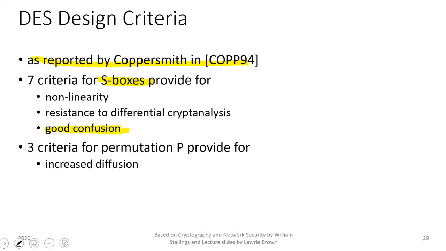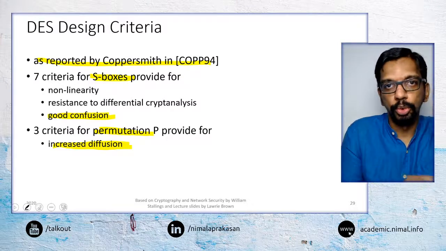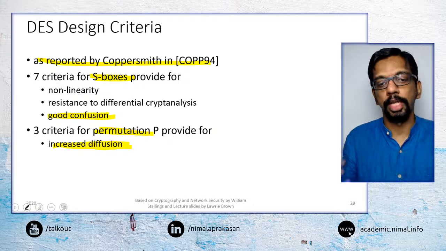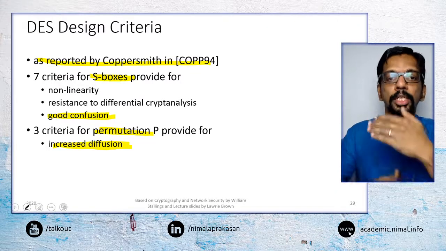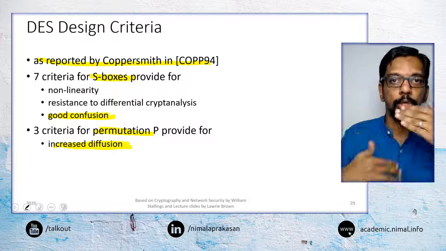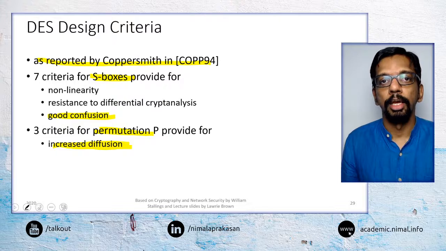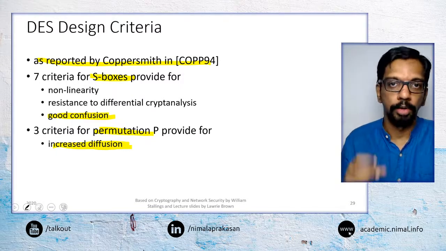And then we have the P boxes or the permutation boxes that provide the diffusion part. So with DES, the two things that we expect from any encryption or block cipher are diffusion and confusion. So we are doing a lot of substitutions, and then we are also doing permutations, and then we are repeating it over a number of cycles or rounds, and as a result we get a much more suitable outcome in terms of a cryptographic algorithm.